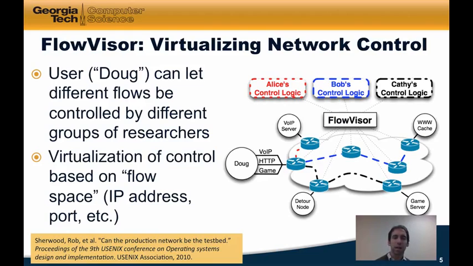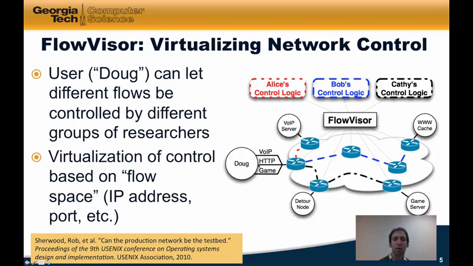FlowVisor basically virtualizes network control by letting experimental traffic run in parallel on the production network with the real user and real production traffic. So the idea here is that a user, Doug, for example, might have many different types of network traffic, many different applications, such as voice over IP, web, gaming, and so forth.